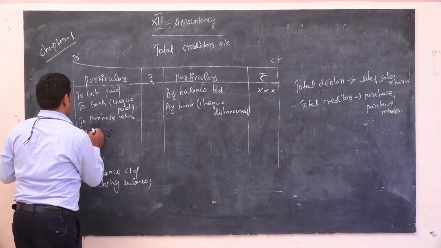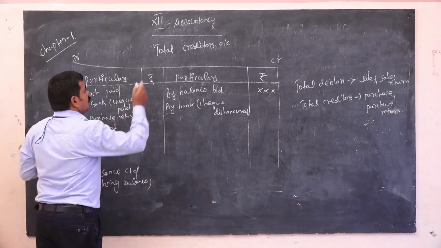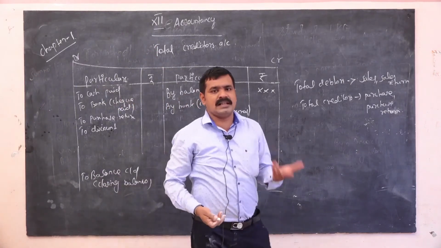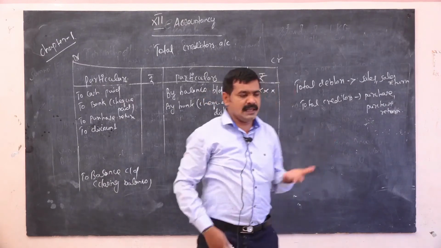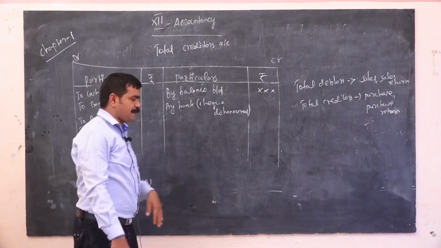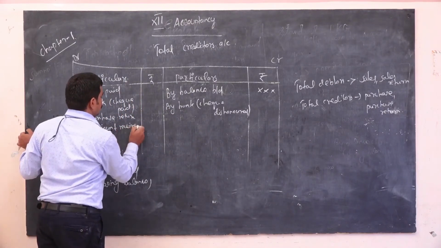Okay, so next one, to discount received. In case of opening total debtors, it is discount allowed to the customers. Here, discount received from suppliers. Okay, discount received from suppliers. That is called discount received.